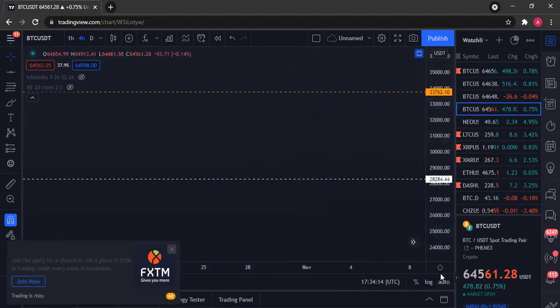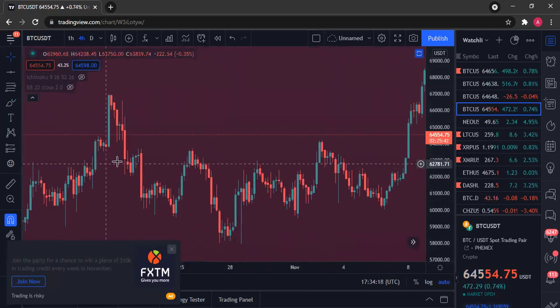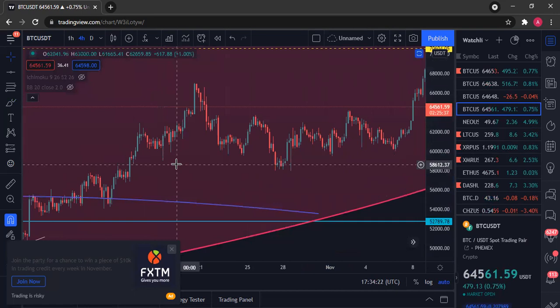So, let me show you an example now. Look at this place now. And also, when you want to draw your support and resistance, make sure that your horizontal line touches at least two turning points. Do you understand? Once your horizontal line touches at least two turning points, I can say that particular level is a strong resistance or a strong support.